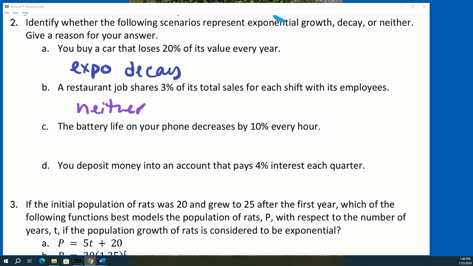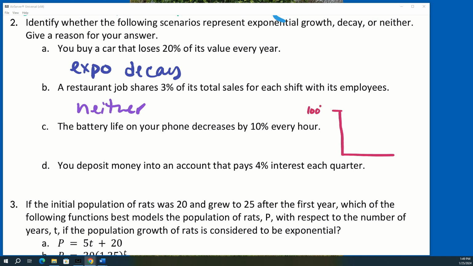Now C is tricky. So the battery life of your phone decreases by 10% every hour. Is that a percentage actual, or is that like, what is your battery life measured in anyway? It's already percentages, right?